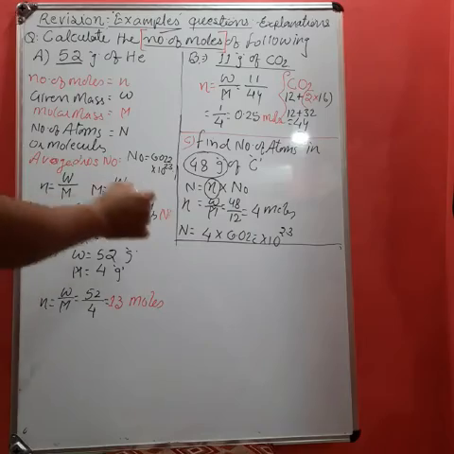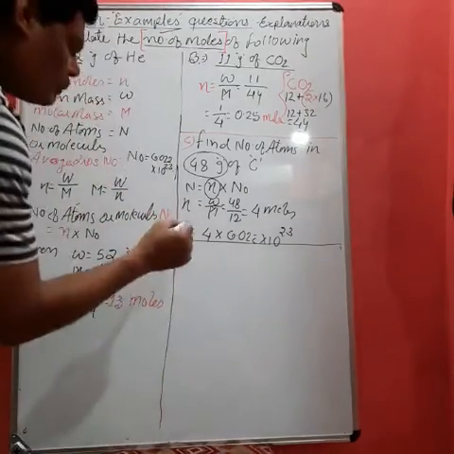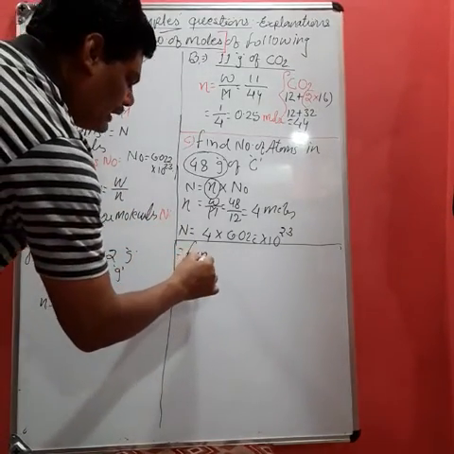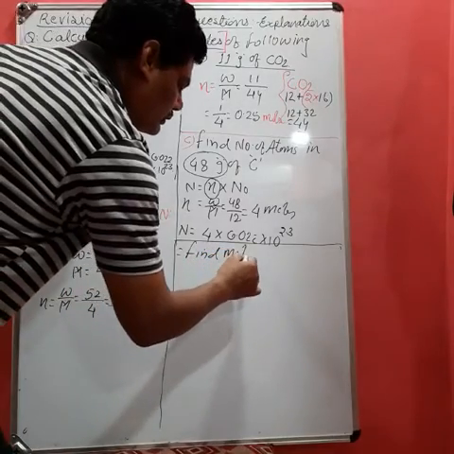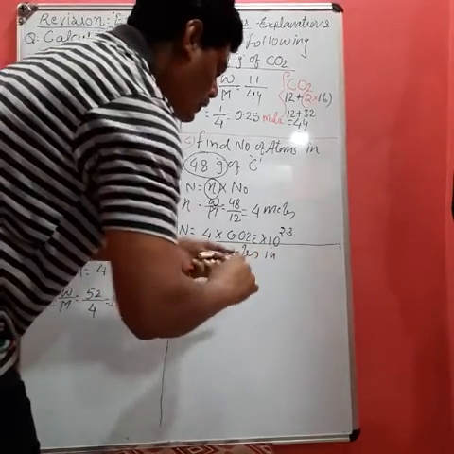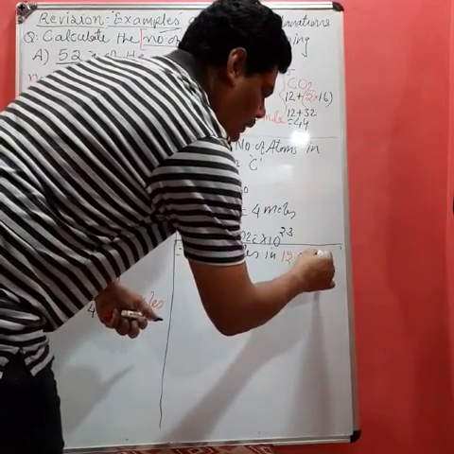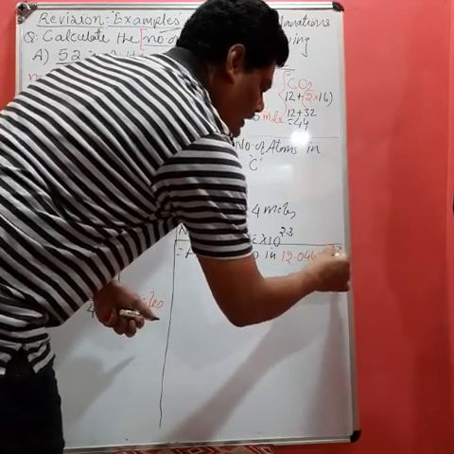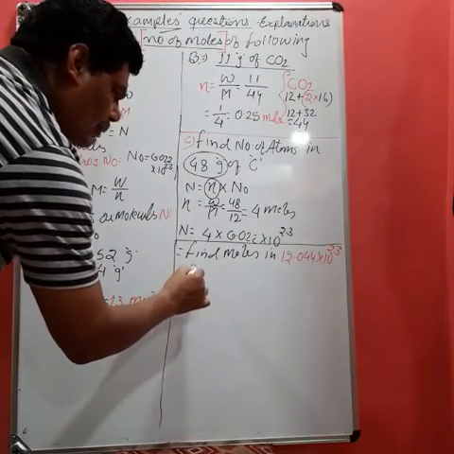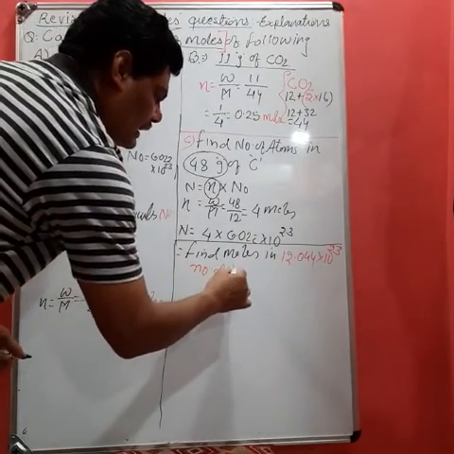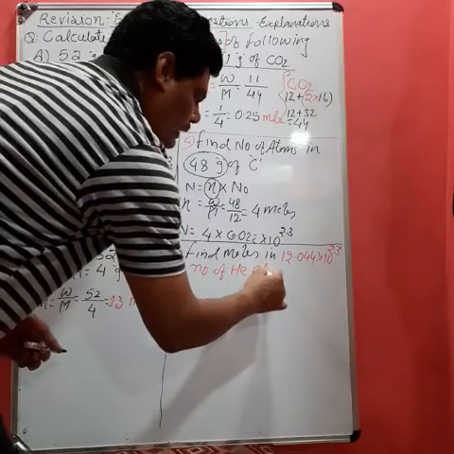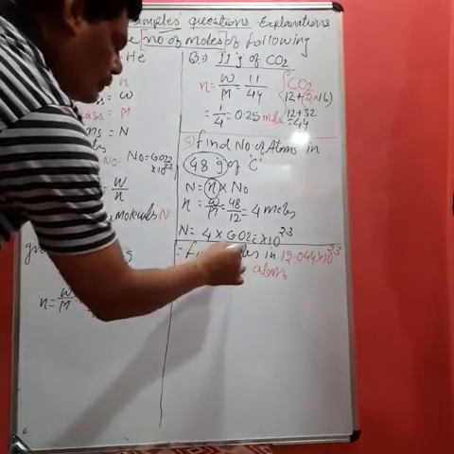Students, in the same question, one more thing is there: find moles in 12.044 into 10 to the power 23 atoms of helium. Now again, what we have to find?